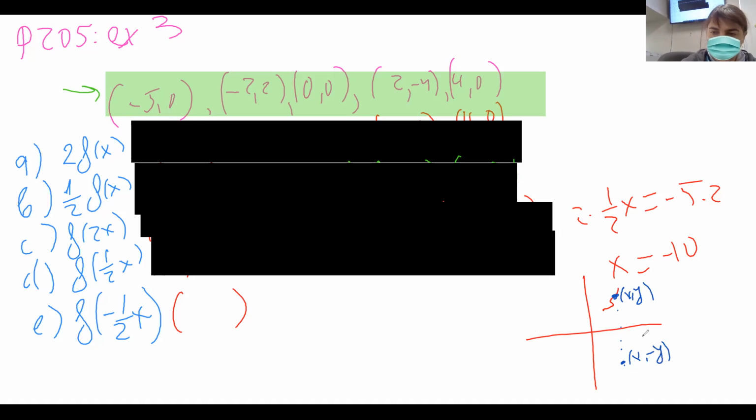But if I go the other way, the y would be the same, but the x would be a negative. So this point would be negative x and y. So the reflection is with respect to the y-axis, right? Because the x has become a negative.